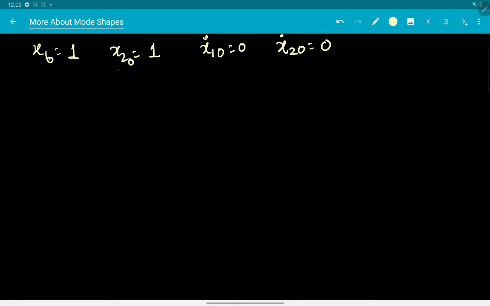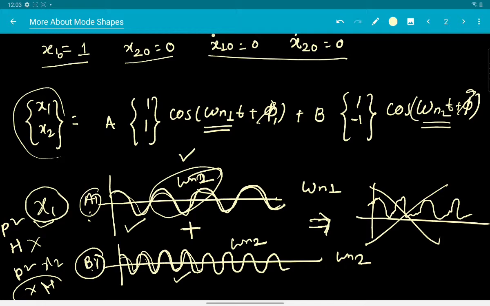Rather than giving x2 as 0, you are giving x2 exactly identical to x1. If you give both initial displacements exactly identical, you could have given any value as well, something like -5, -5. Even in that case, you would have observed that there would not have been any contribution from this side.